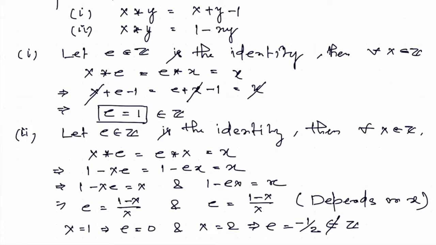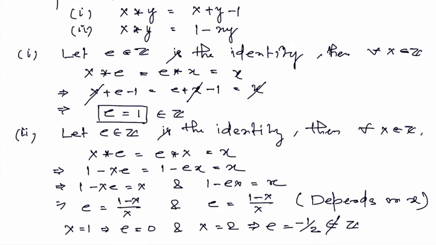In the second example, we will apply the same procedure to find the identity of this set. So we will take any element, consider E is the identity, then we will use its property or definition, and when we use the first part, it will be 1 minus xE. If we open this star, we will get 1 minus Ex equal to x, and we will simplify this.